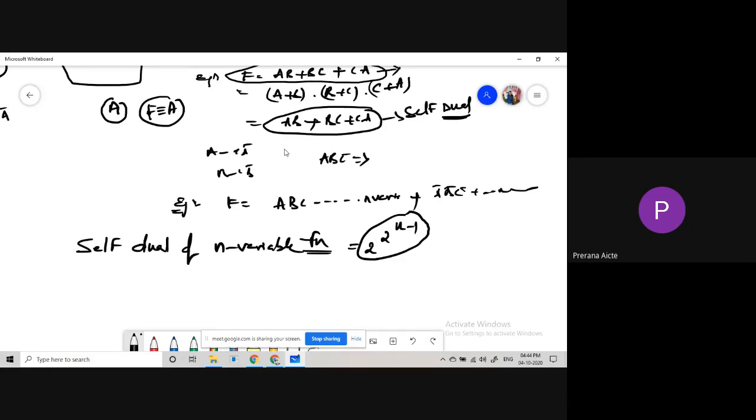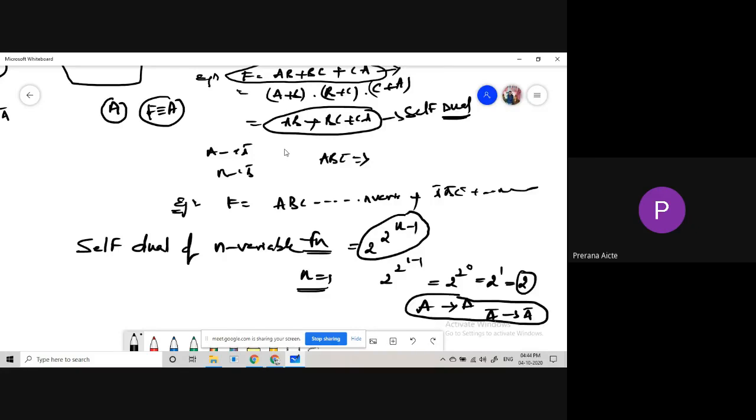If I'm using one variable, so if n is equal to 1, what is the value? 2 power 1 minus 1, that is 2 power 0. So 2 power 1, that is nothing but 2. If you are using variable a, it will be changed to a only, otherwise a bar will be changed to a bar only. So these two values are formed.